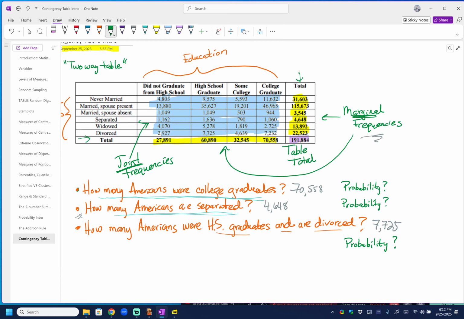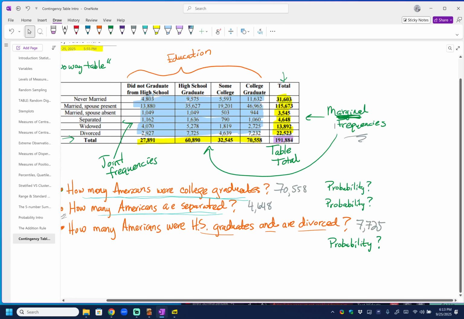This is a very important number because it represents the sample space, of all the people in your study, which means when you go to do the probabilities, it should be the denominator of both the joint and marginal probabilities you're about to construct.